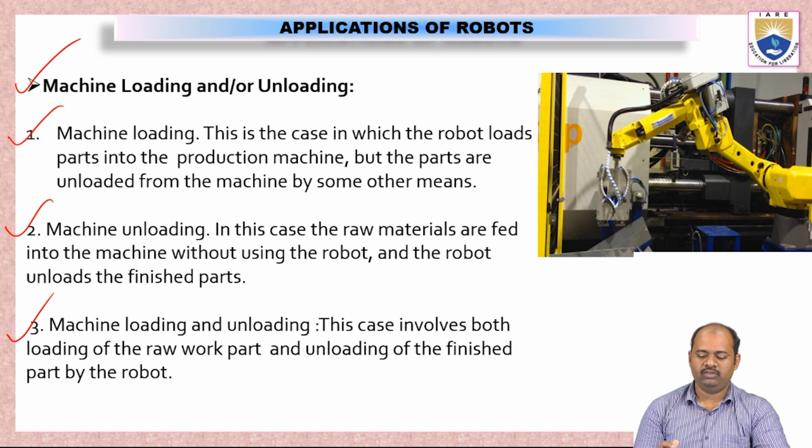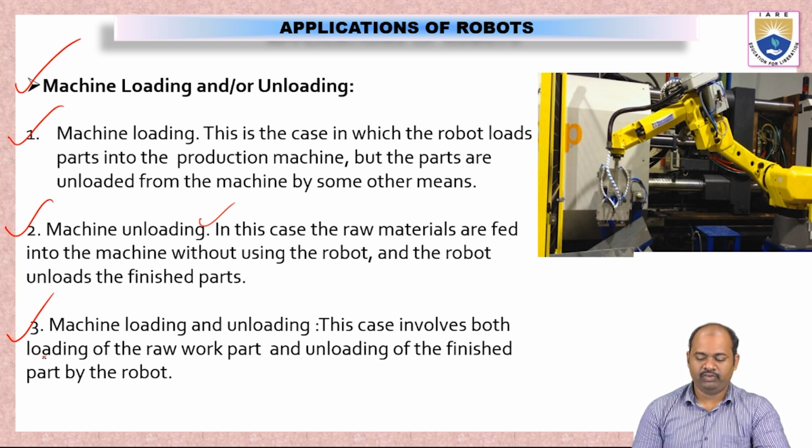It is only used for loading the workpiece into the machine, and unloading is done by some other means. A human or another robot can do the unloading operation. The second kind is machine unloading, where the robots are used for unloading the objects only. The raw materials are fed into the machine without using a robot, and the robot is used to unload the finished parts.